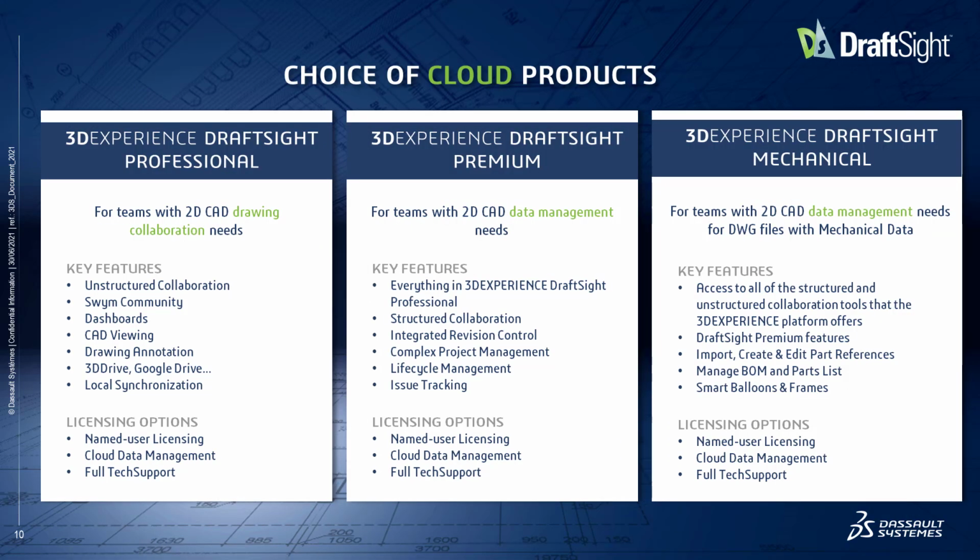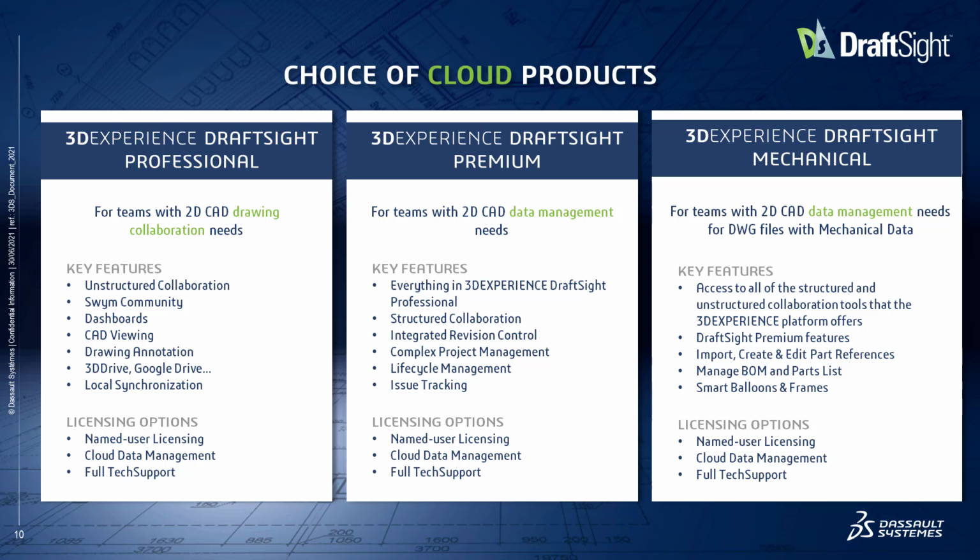And last but certainly not least, we have our 3D Experience cloud solutions. 3D Experience DraftSight Professional, Premium, and Mechanical. The 3D Experience platform is a single solution that brings together many different applications into a single collaborative environment.